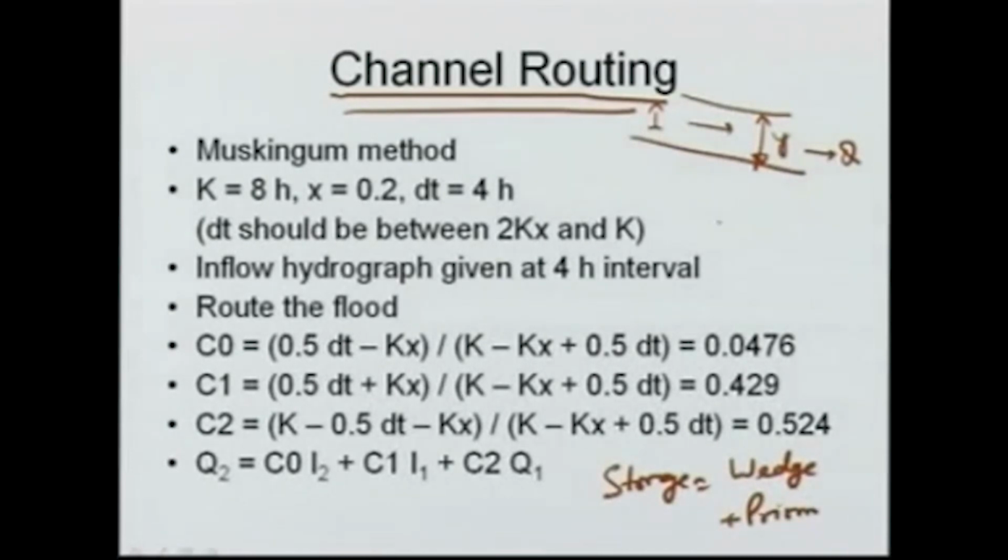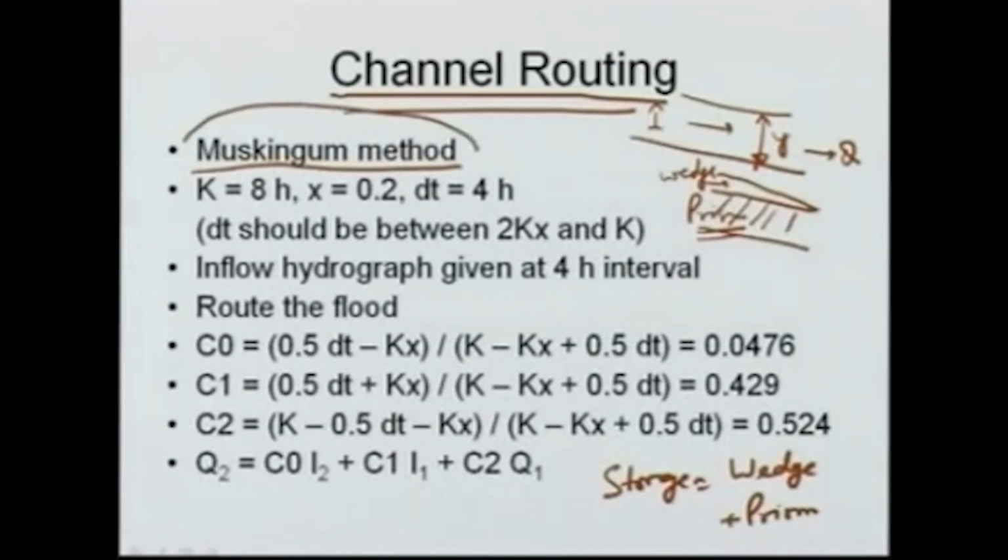So, if we have this change in water level like this, then we have a prism storage and a wedge storage. And we will be discussing the Muskingum method of routing.